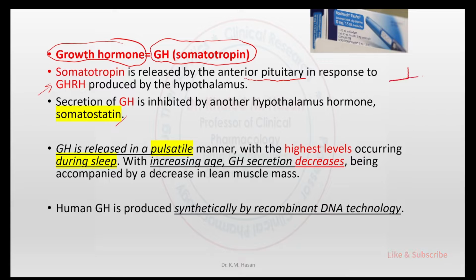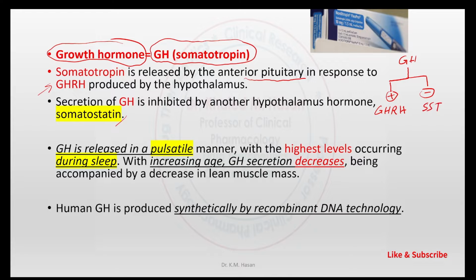So we have two main hormones controlling the growth hormone in our body. The first is responsible for stimulation, and the second for the inhibitory effect.